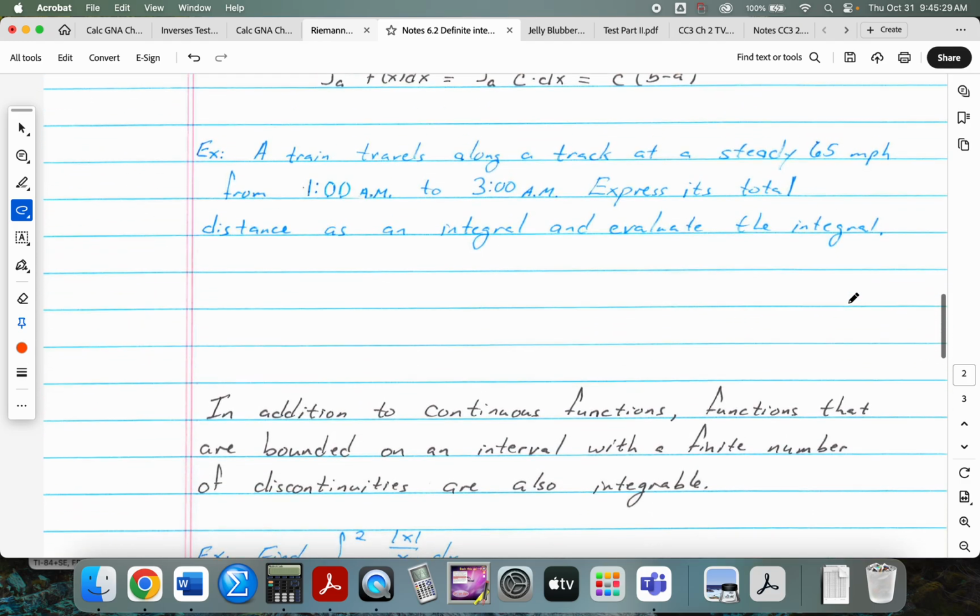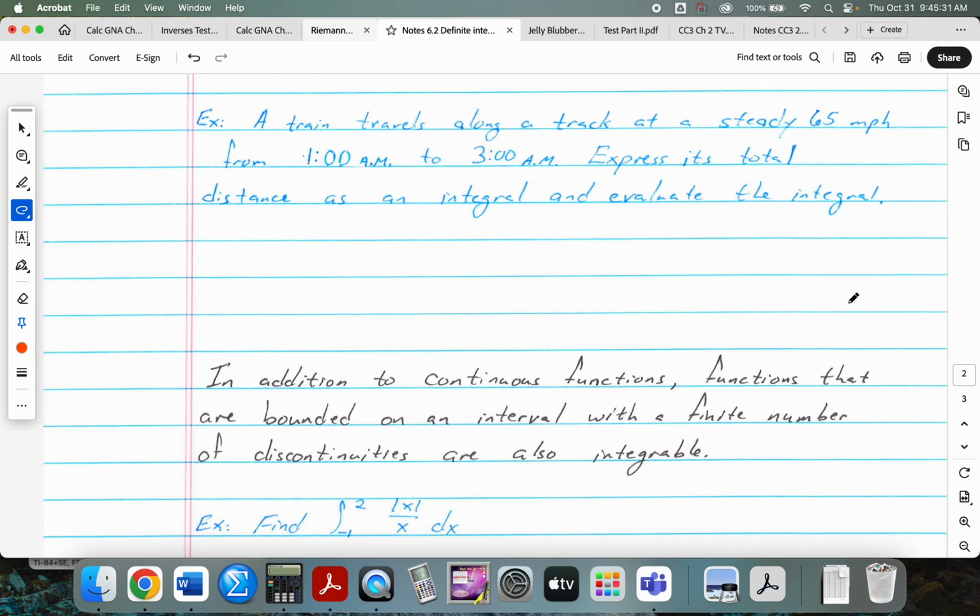So, for example, this one: the train travels along a track at a steady 65 miles per hour from 1 a.m. to 3 a.m. Express its total distance as an integral and then evaluate the integral. So the total distance is going to be the integral from 1 to 3 of 65 dt.